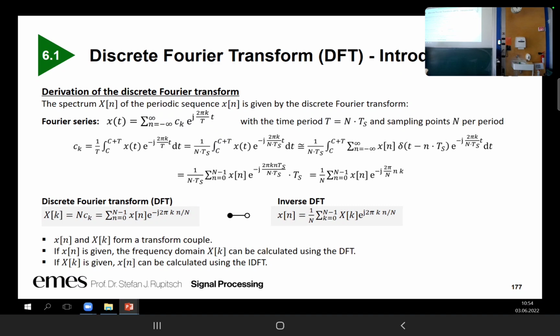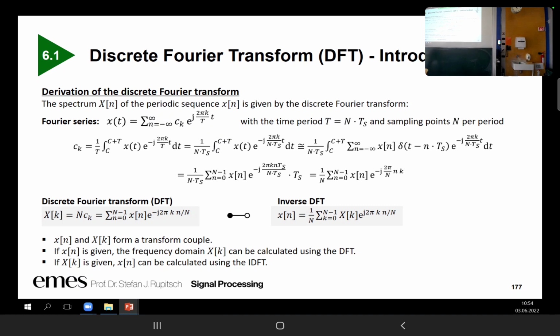That's the idea of sampling. And therefore, we can replace this integration by a multiplication with ds. Our input signal remains the same during the sampling interval, and therefore we can multiply it with the sampling interval itself instead of performing an integration.